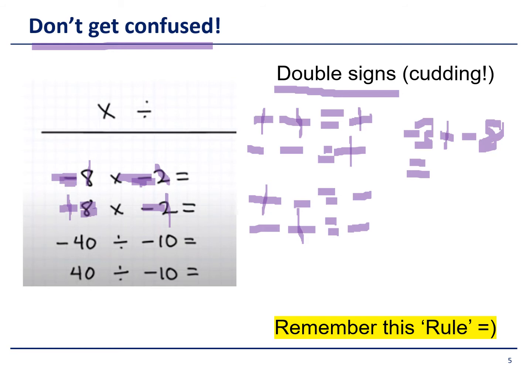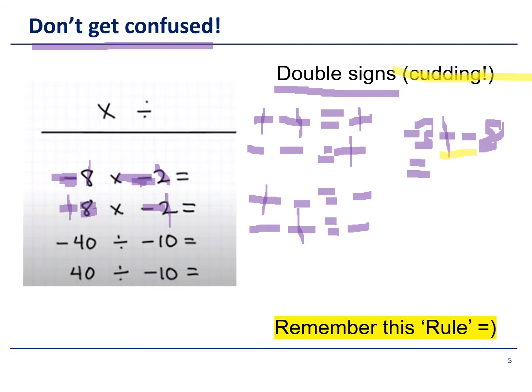Now, how we can know this is when the double signs, I'll put a highlight under it, are cuddling. When the double signs are next to each other, so this plus and this minus are cuddling, they're next to each other, okay, that's going to give us, well, if we look over here, a negative answer.